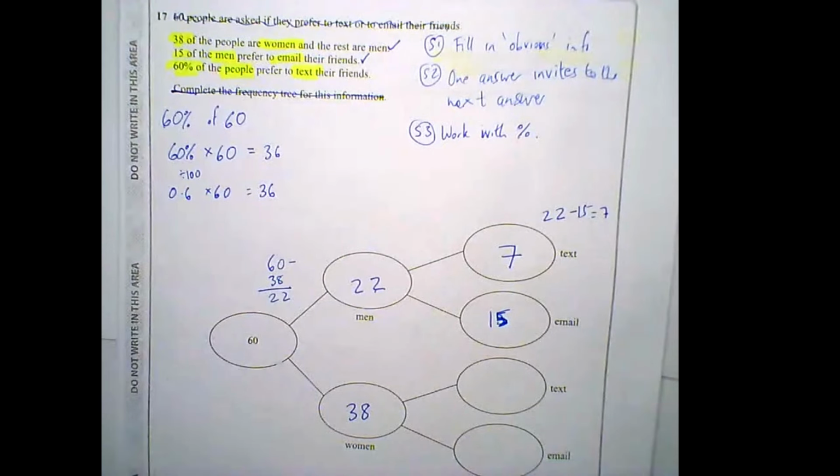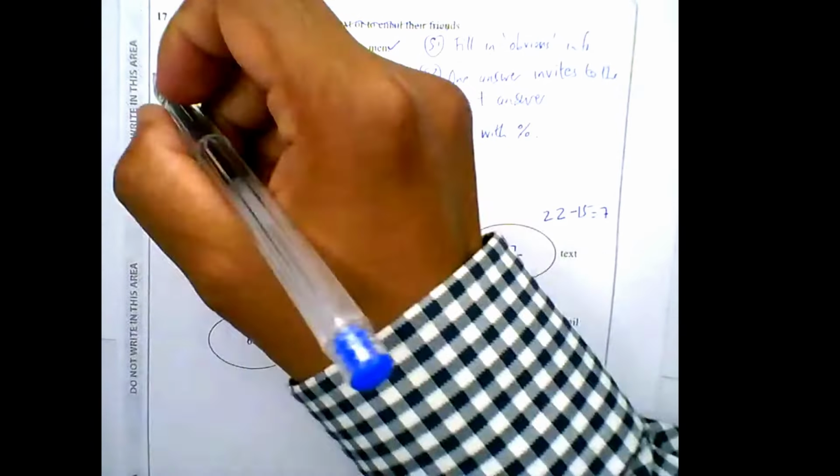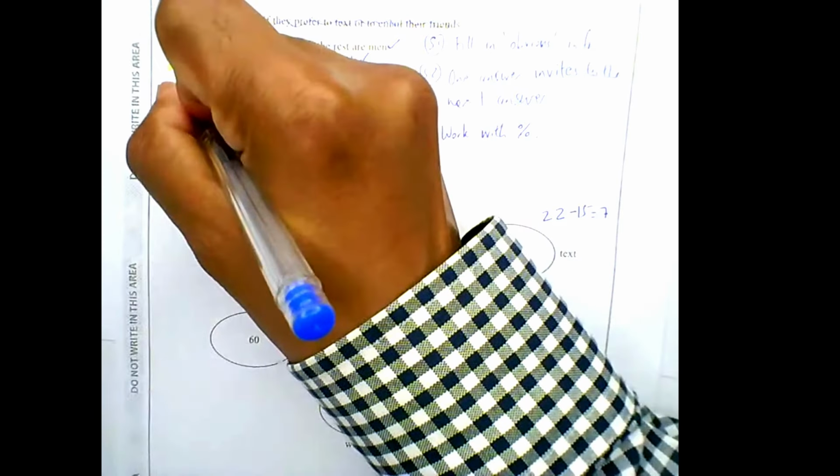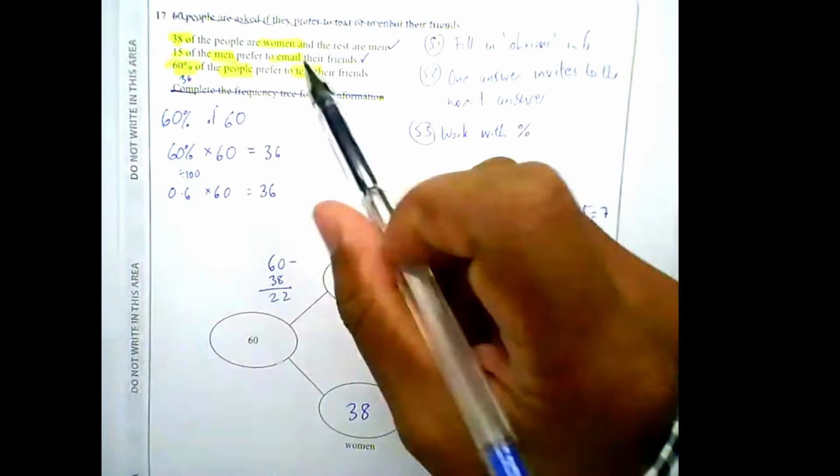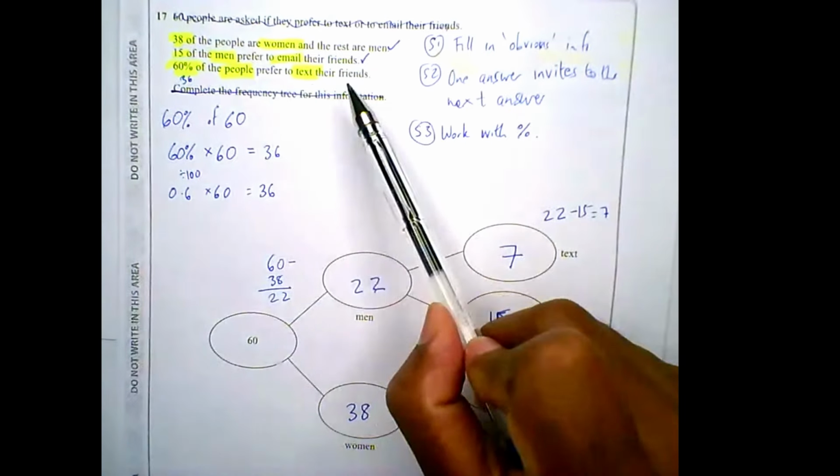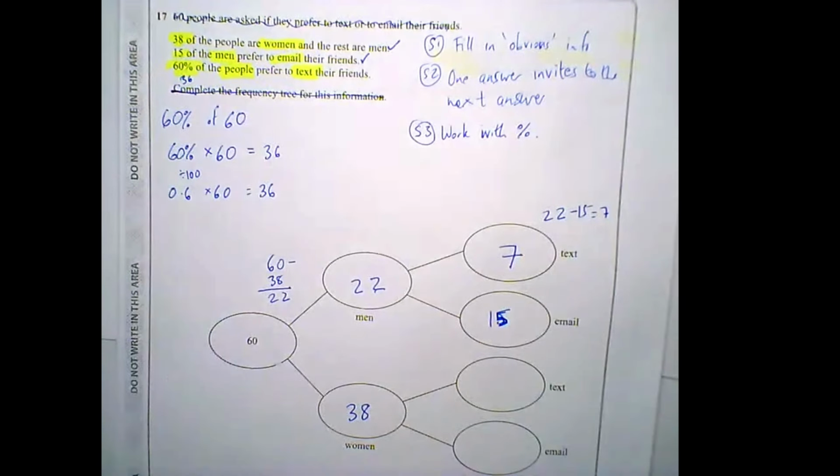Now the next thing, so this is 36. So 36 people prefer to text their friends.